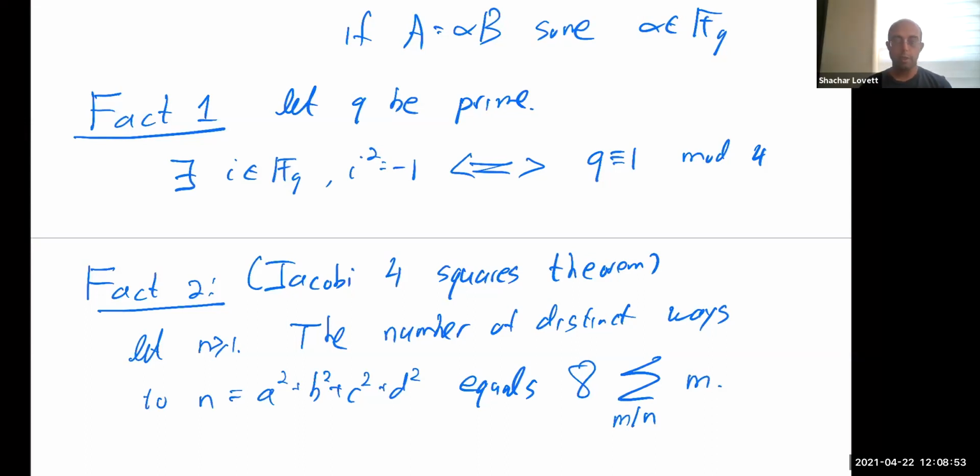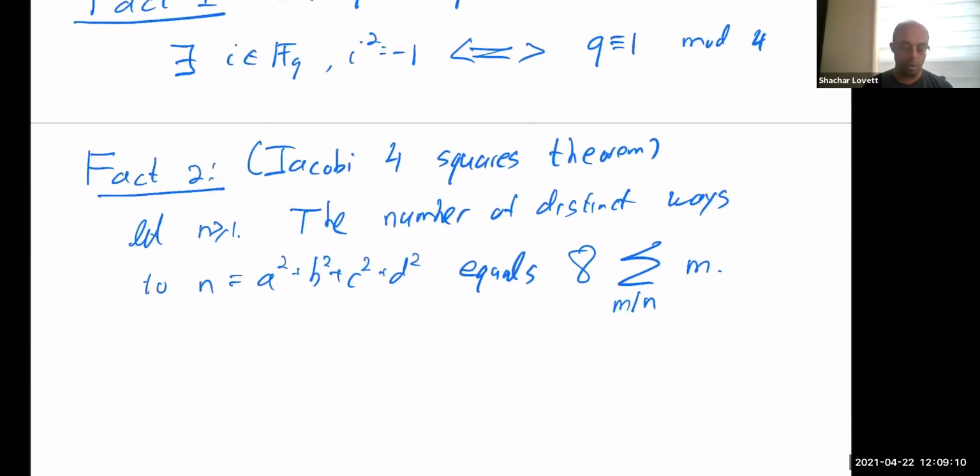It says, first of all, any number can be written as the sum of 4 squares. And actually, there's a nice formula for the number of ways of doing it, which is exactly that you sum all the divisors of n, all the numbers that divide n, and you multiply by 8.